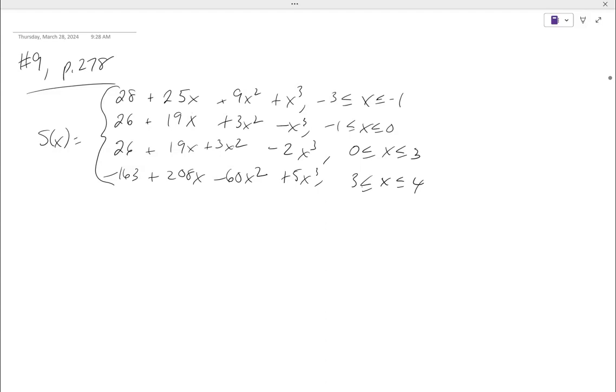And so what they ask you to do in this particular problem is to show that this piecewise defined function is a natural cubic spline. Rather large list of pieces in the function.